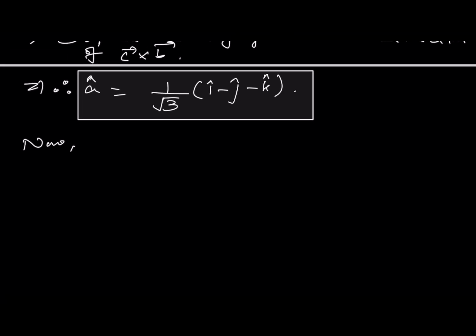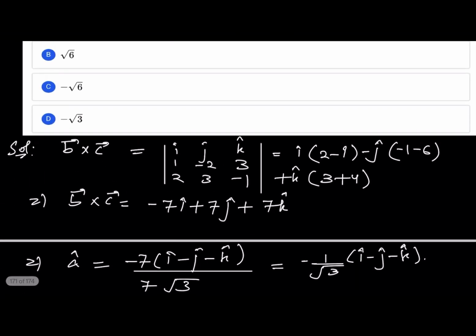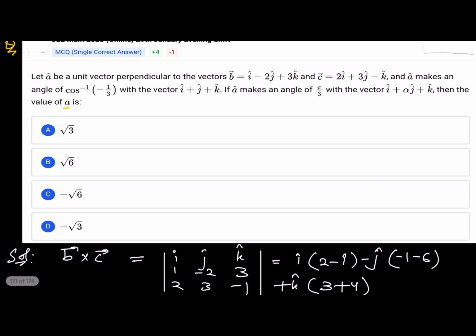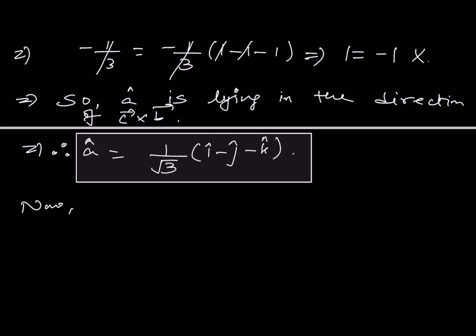Now, what is given? This a cap is making an angle of pi by 3 with the vector i plus alpha j plus k. Let's say phi is the angle between a cap and i cap plus alpha j cap plus k cap, right?